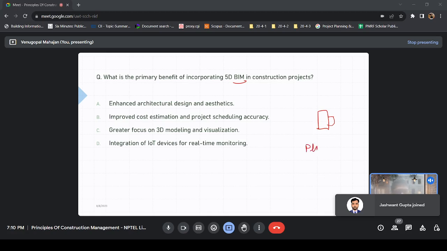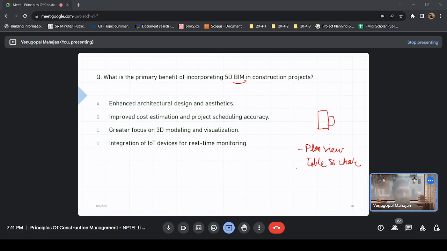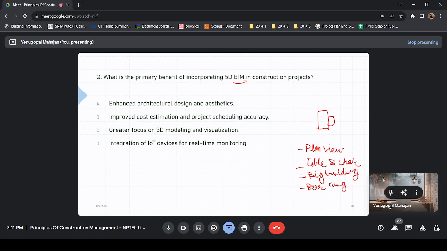I heard a plan view, then table and chair. What else? A big building and a small building, a plan outline. A beer mug? No, it's not like this. A T-beam.